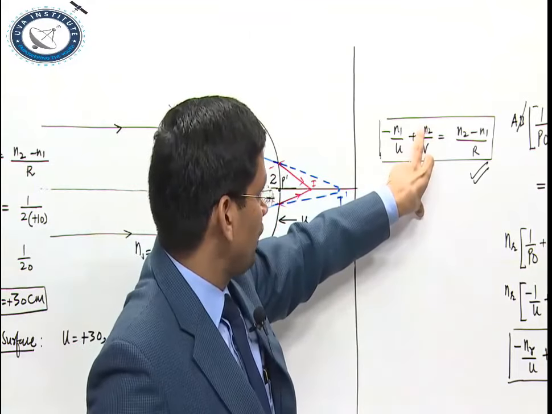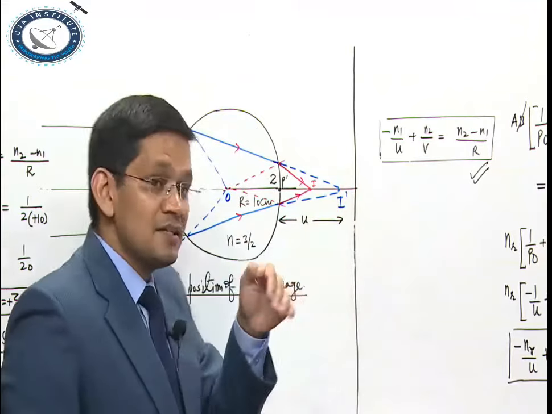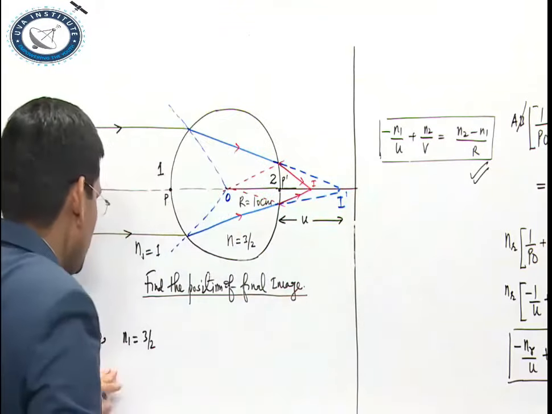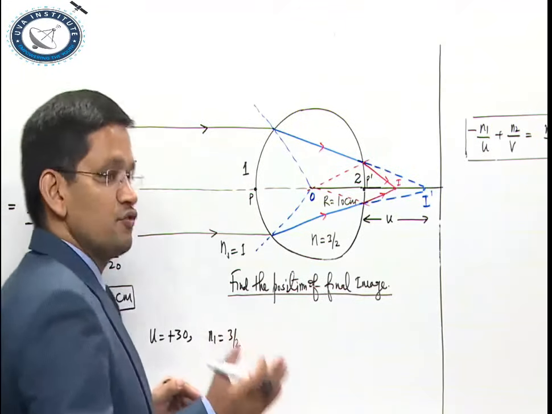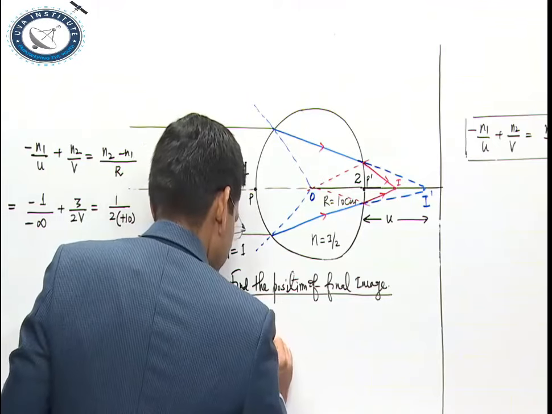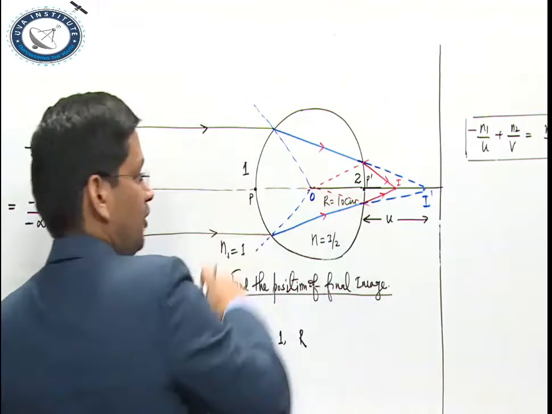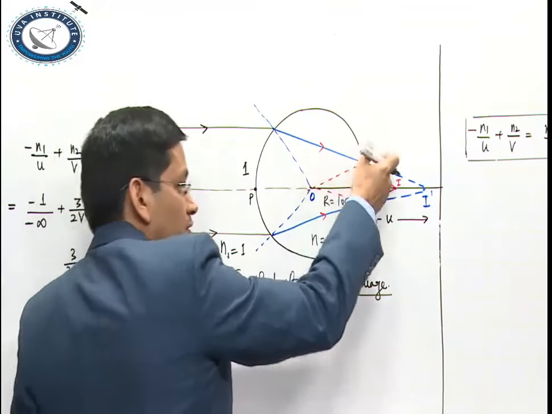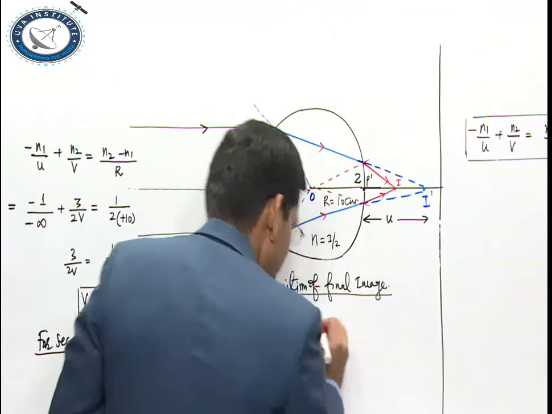This n2 is the refractive index of the medium where the image is formed. So, the object is placed in a denser medium which we cannot see, it is a virtual object. So, n1 is 3 by 2. n2, where the image is forming, is 1 here, and r is negative because now you are going against the direction of light. You are not on this side but this side. So, r is equal to minus 10 centimeters.